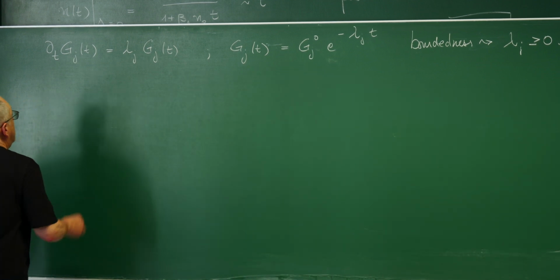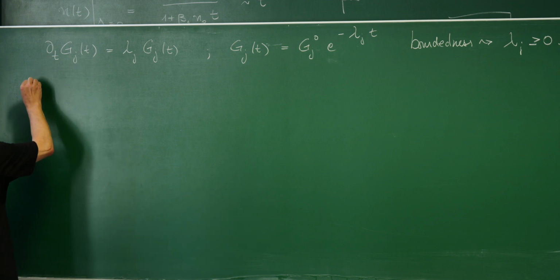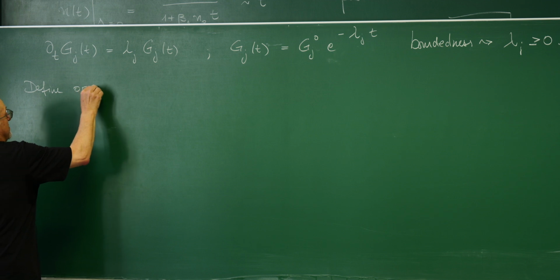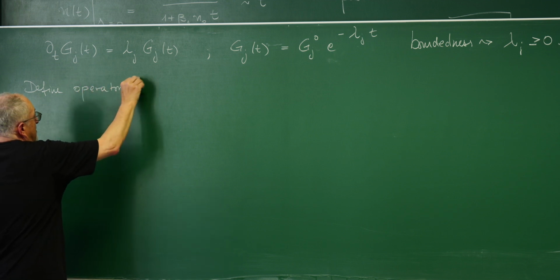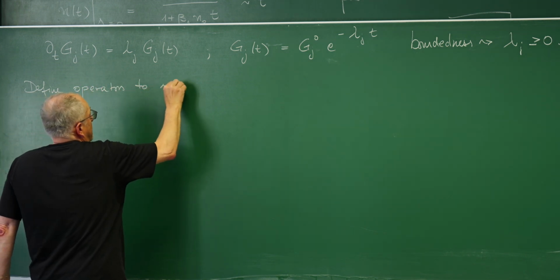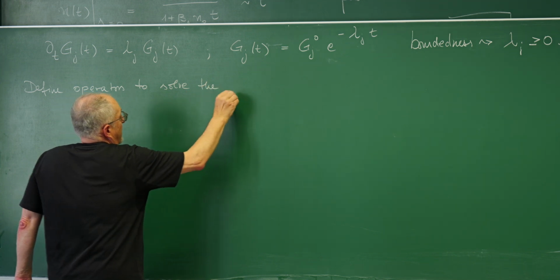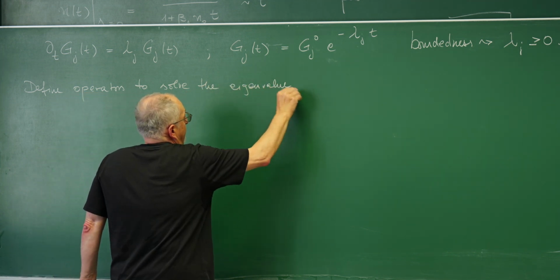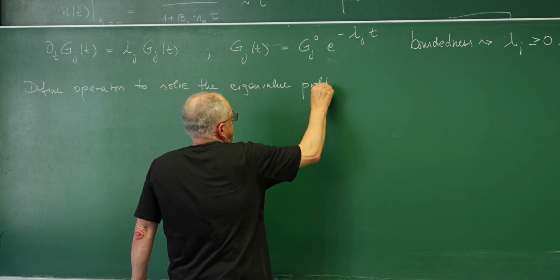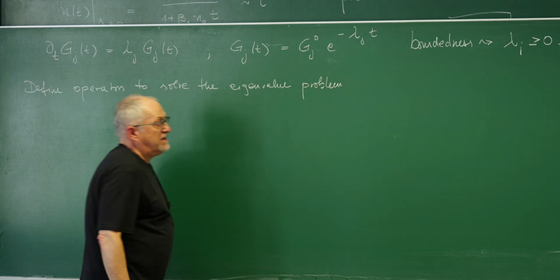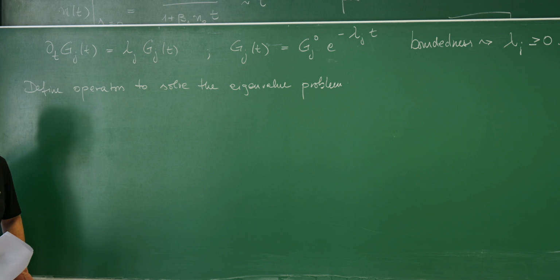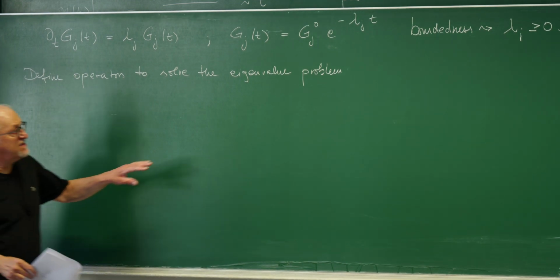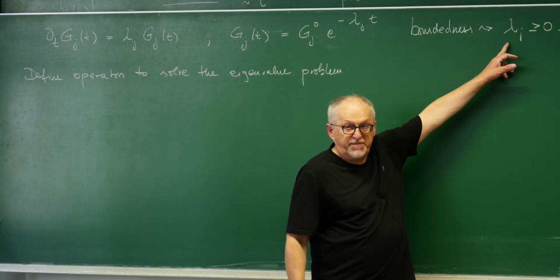Good. Now we are left with solving this kind of eigenvalue problem. And now let me define operators to solve the eigenvalue problem, in a way that I'm basically exploiting the fact that I need to have a bounded spectrum.